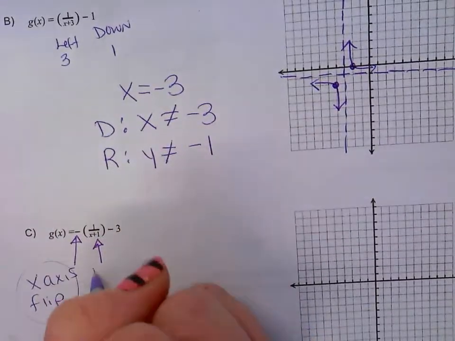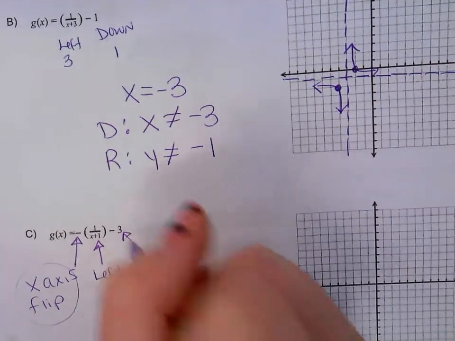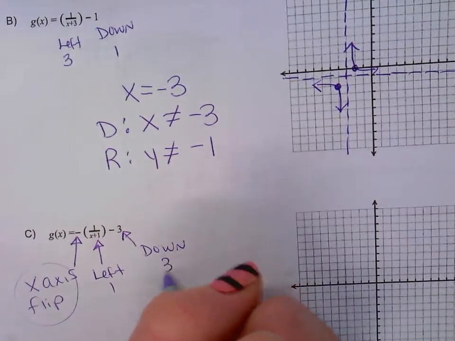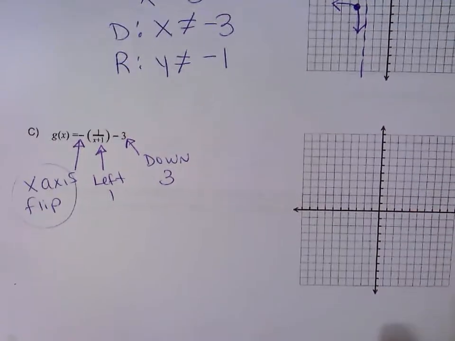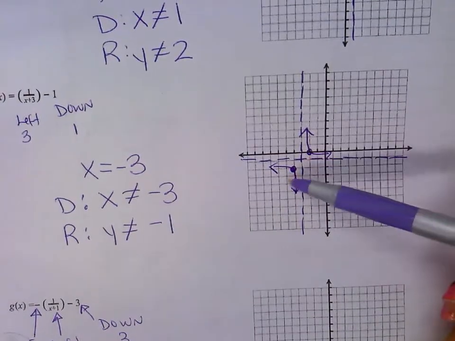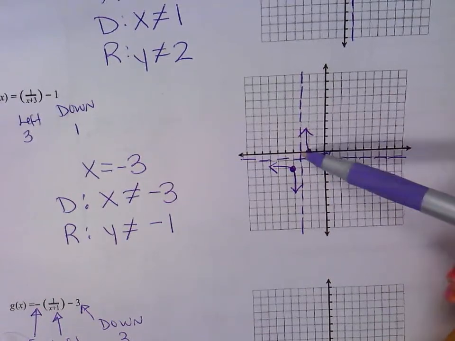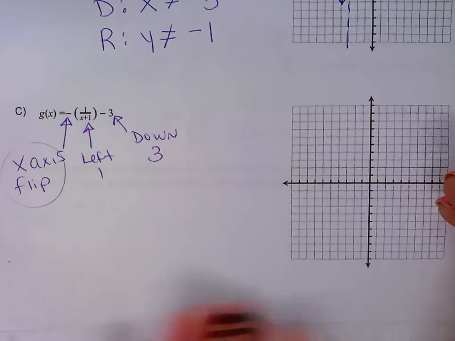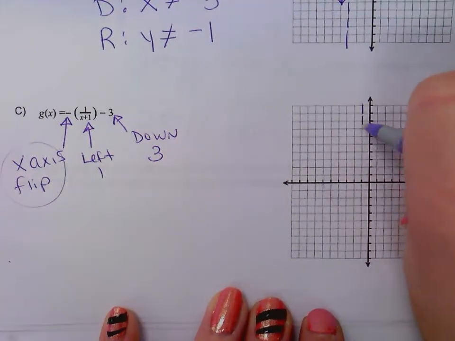So this is going left 1, this is going down 3. So we're going to go left 1, down 3, and then instead of putting the points here and here, you're just going to flip-flop where they are over the new x and y axis. I'm calling them asymptotes, but I just pretend that I'm shifting my whole axis over.